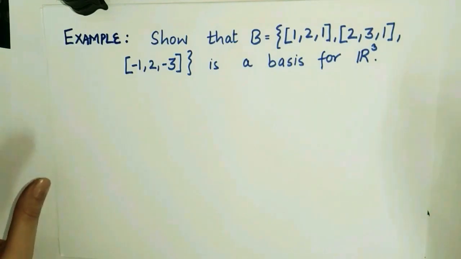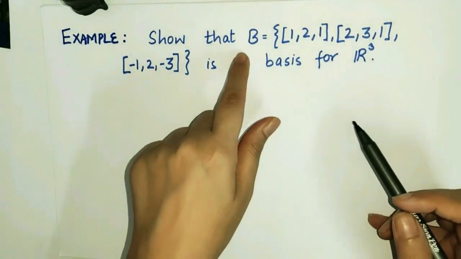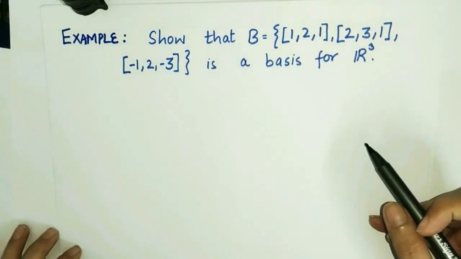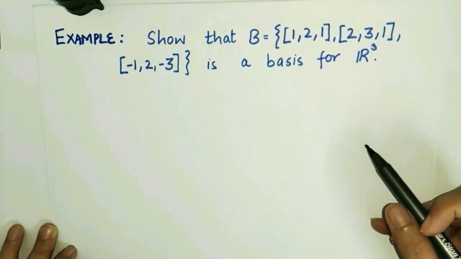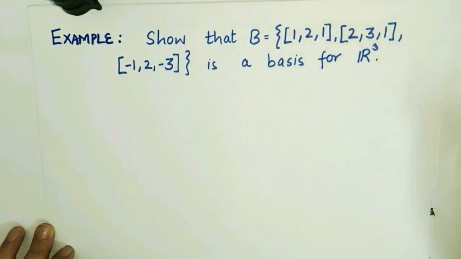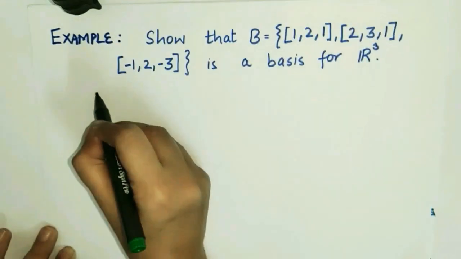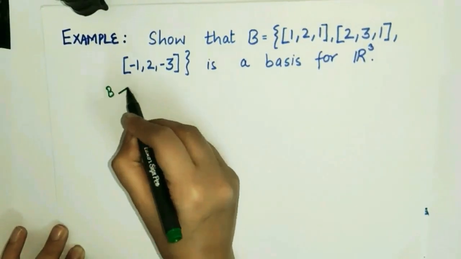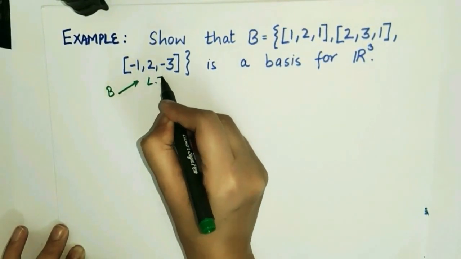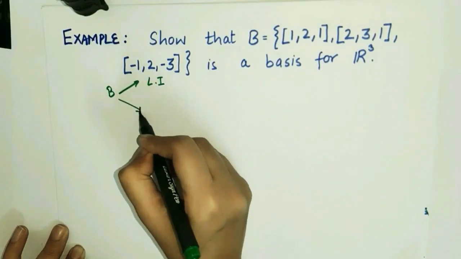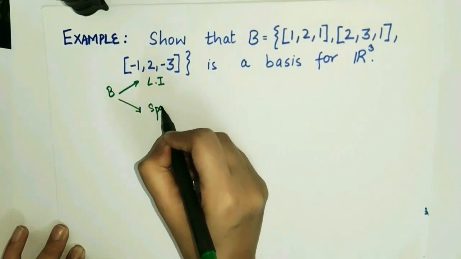In this example, we have to show that the set B, which is given by (1, 2, 1), (2, 3, 1), (-1, 2, -3), is a basis for R3. Now B will be a basis if it is linearly independent and, secondly, it spans R3.